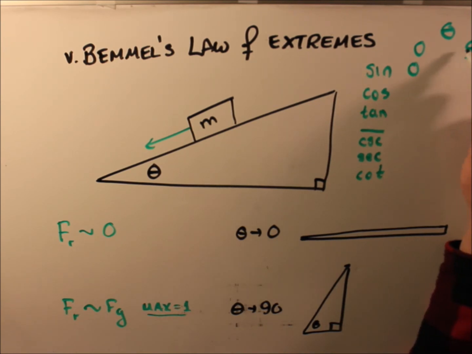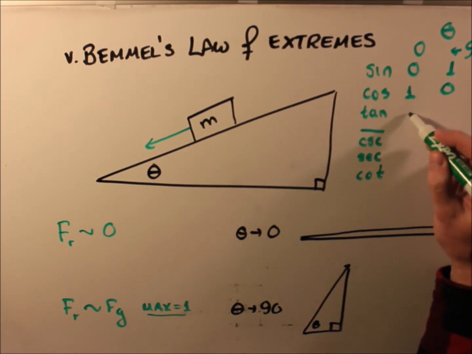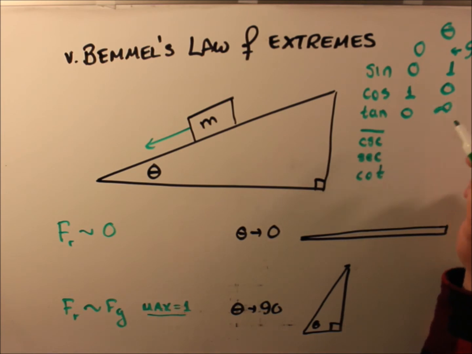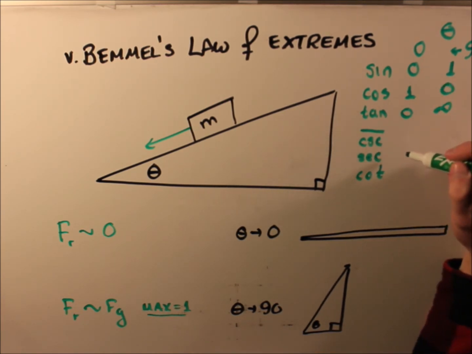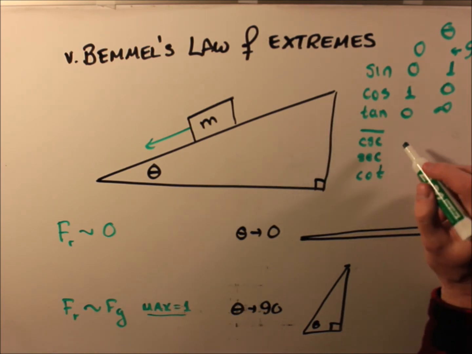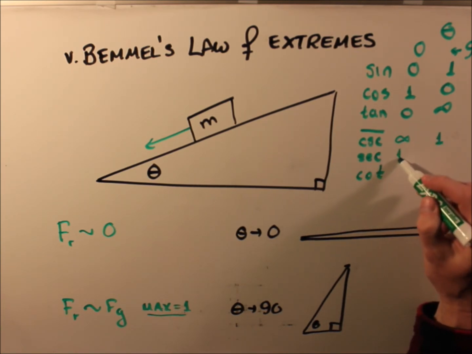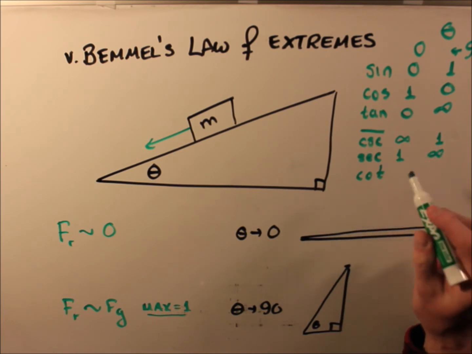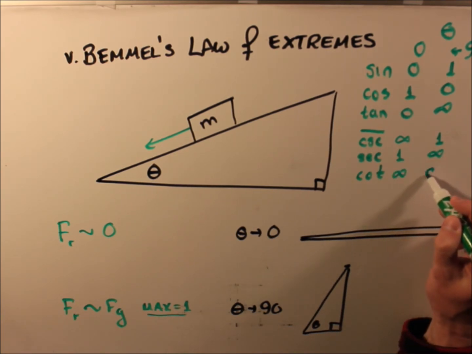At 90, I'm going to move my 90 over, it's going to get off the page here a bit. Here's my 1. Cos is the opposite. Tangent is 0, and here it's infinity. Now the cosecant is a reciprocal of these values. So therefore this is going to be infinity, and this will be 1. The secant is 1 and then infinity. And the cotangent is going to be infinity and 0.